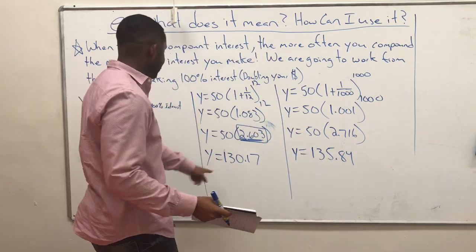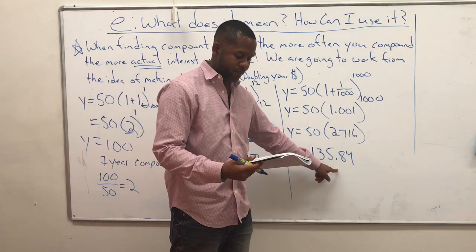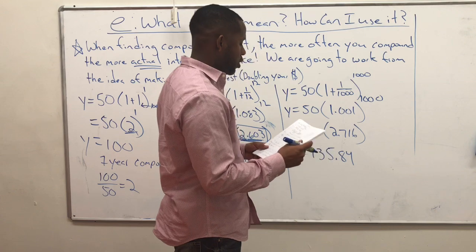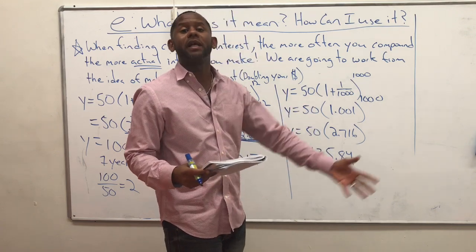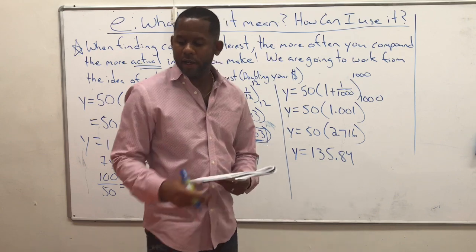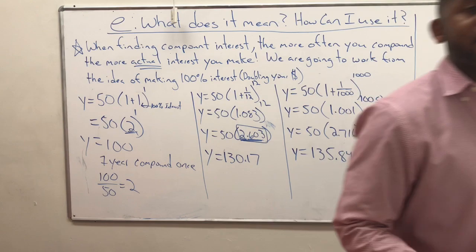I only had 100 here, now I got 130, now I got 135.84. Okay? So the more I compounded, the more actual money I make. All right? I'm going to pause right here, and then we're going to talk about what does this have to do with E.